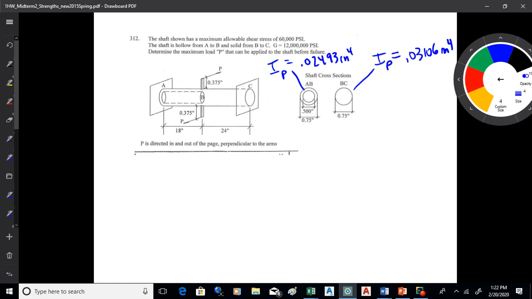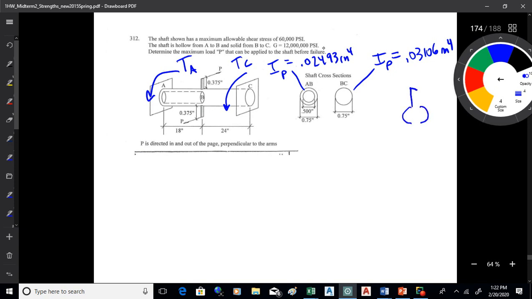So I would say here I've got the reactive torsions here, the torsion at A and the torsion at C. Okay. And so for the statics here, you would look at the armature, and I would do it from the side, or excuse me, as you're looking down the shaft.